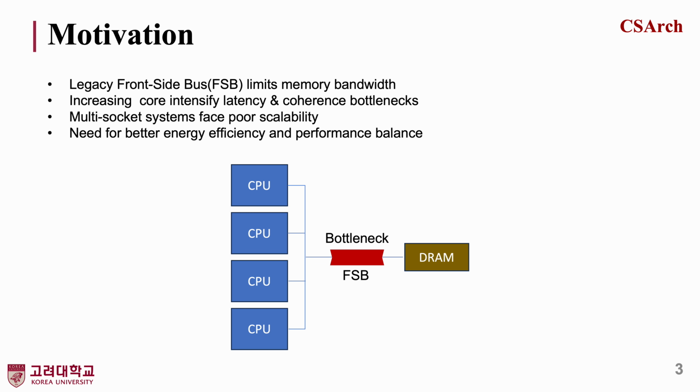As core counts went up, coherency traffic only made things worse, and scaling across multiple sockets was really poor because of this bottleneck of the FSB. On top of that, power efficiency was becoming critical, so Nehalem's motivation was clear: fix the memory bottleneck, improve scalability, and balance performance with energy efficiency.